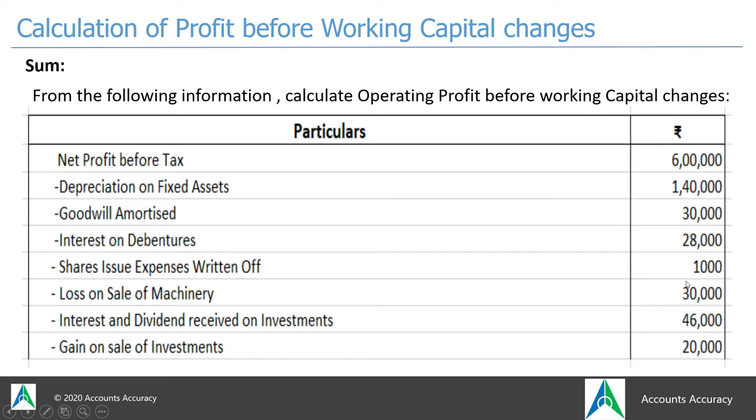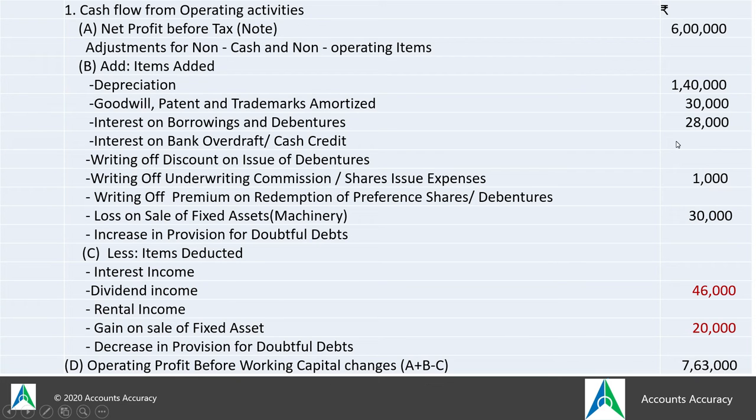Again, we have the interest on debenture, that is 28,000, needs to be added because again it is the amount which is the part of financing activities. Interest on debenture is not the operating activities. So hence it should be treated in the financing activity. Hence it must be added back.